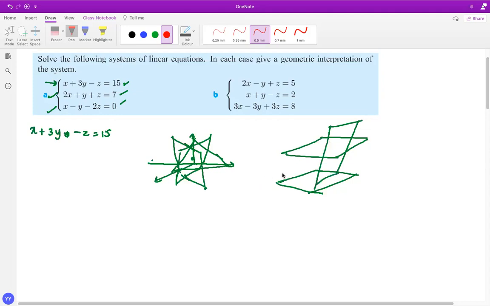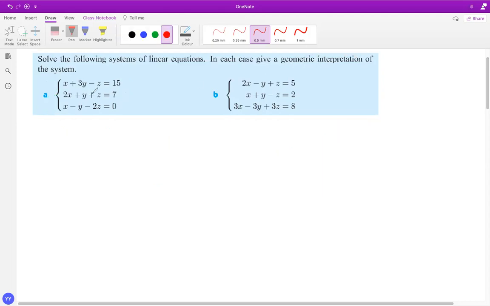So depending upon whether the equations meet at only one point, or at no points, so there are no common points between the three planes, or there are infinite points.